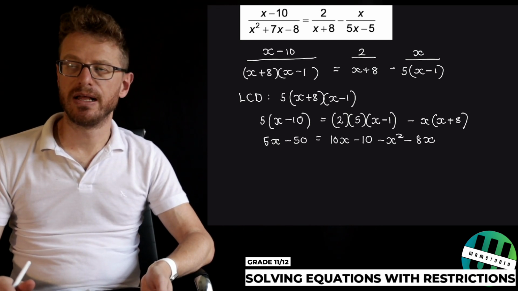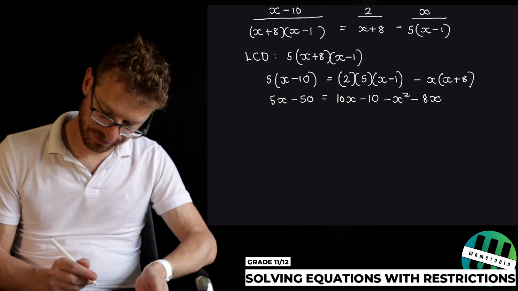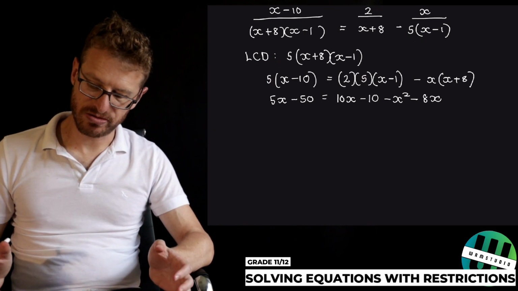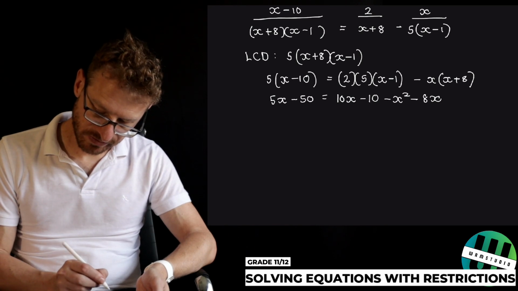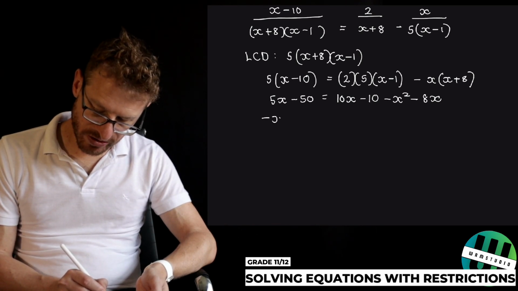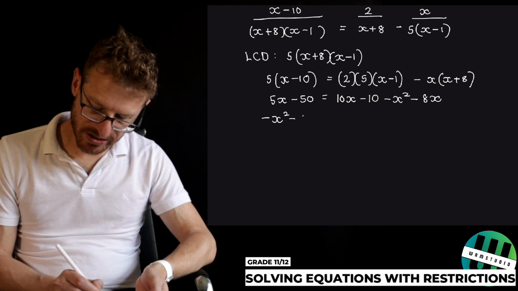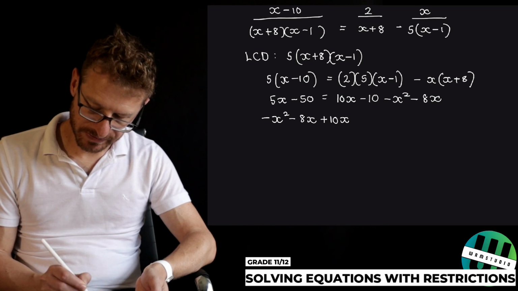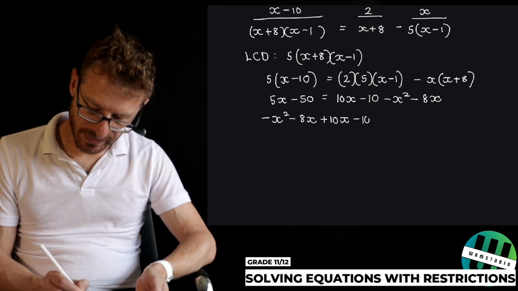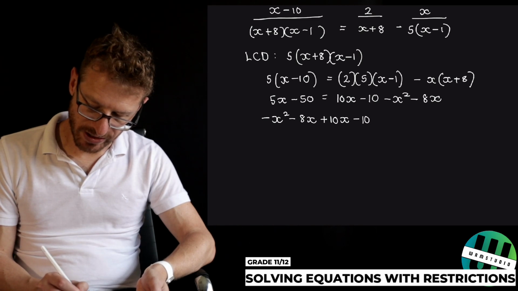And now let's simplify. So I'm going to set the whole equation to 0. Since I've got most on the right-hand side, I'm going to keep that as is, and then bring over everything from my left-hand side.